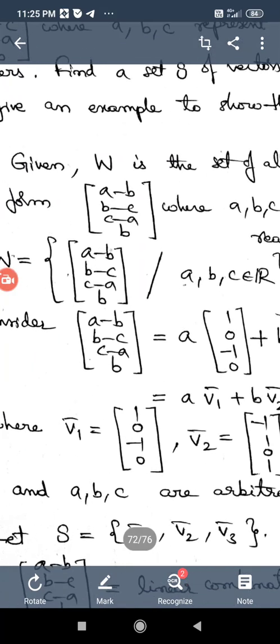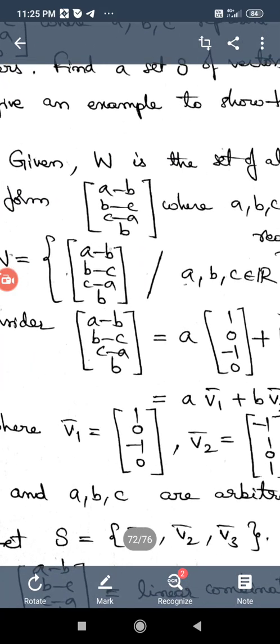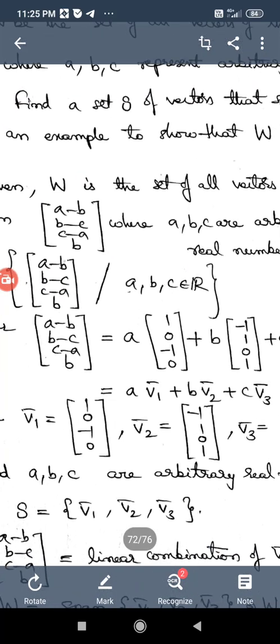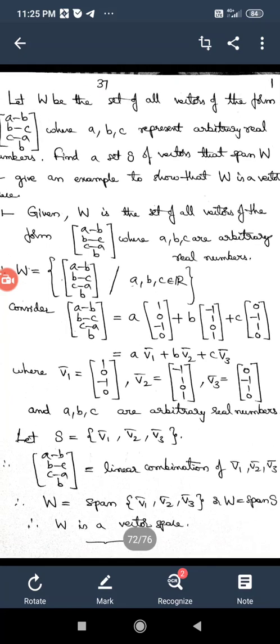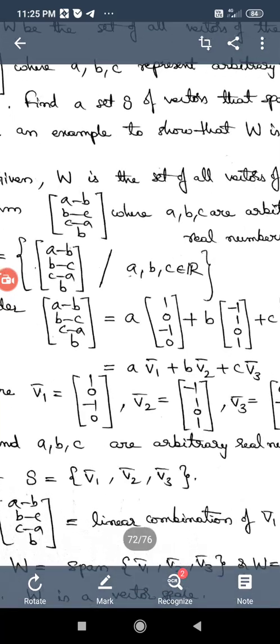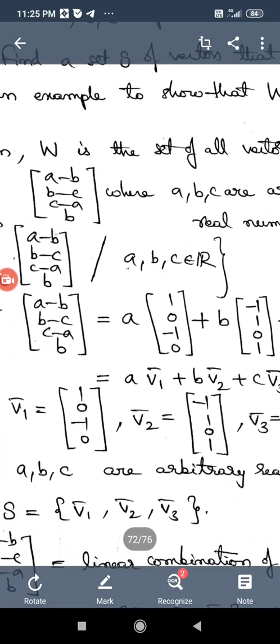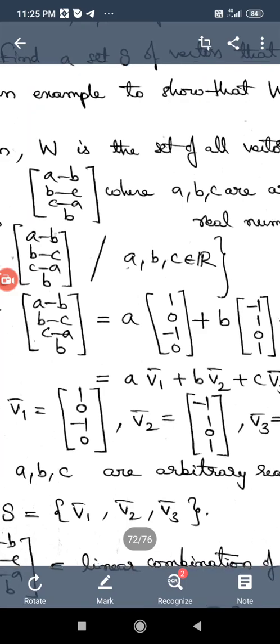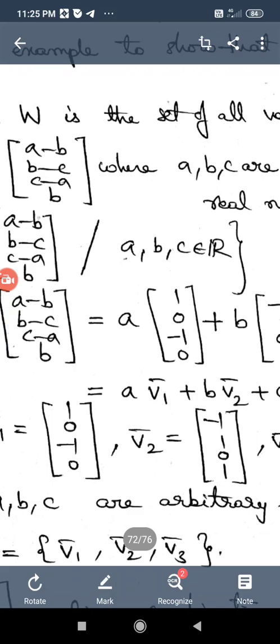Now consider this arbitrary element (A minus B, B minus C, C minus A, B) of W, and this we can split as scalar multiples of 3 vectors. And how it is done, see here. Taking A common, we can write the vector beside A as (1, 0, minus 1, 0), because in the first entry of the 4 by 1 column vector on the left hand side, the coefficient of A is 1.